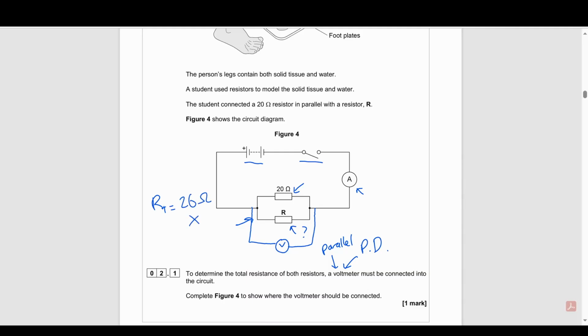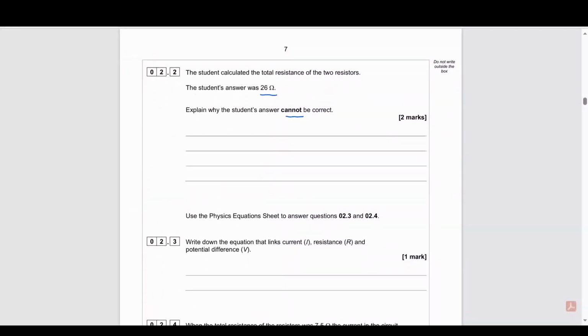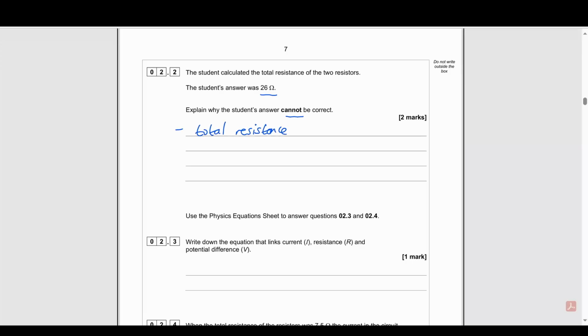Well, we've placed the resistors in parallel. There is a rule that we have to follow, because resistors can be placed in series or they can be placed in parallel. If the resistors are placed in parallel, then the rule is the total resistance in a parallel circuit is smaller than the smallest individual resistor.